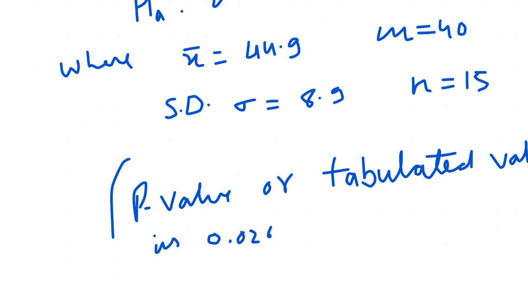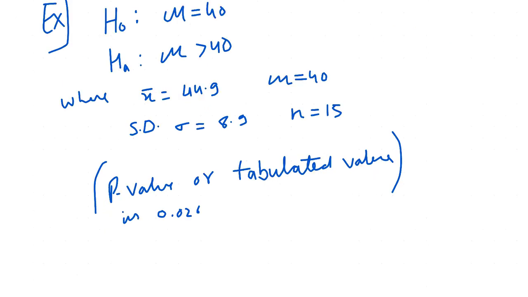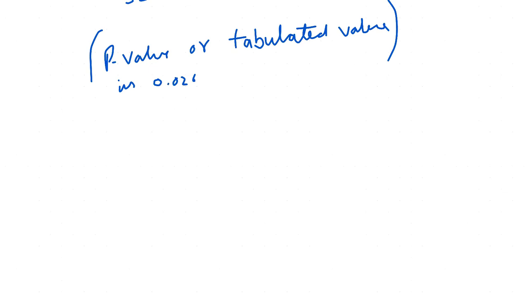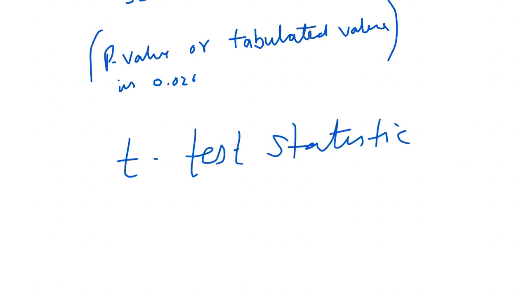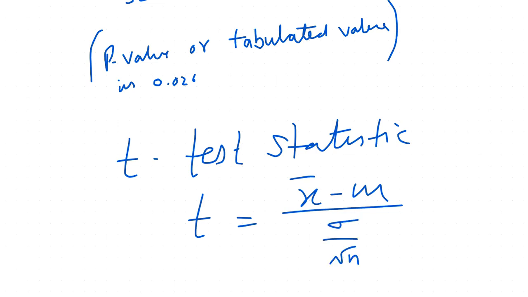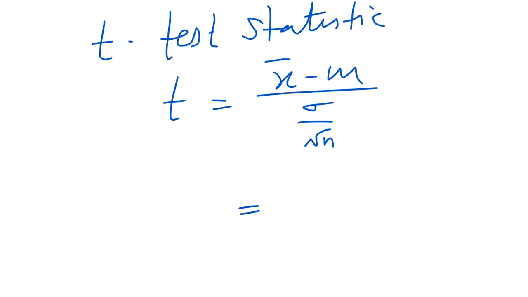Now let us use the t test statistic. T is equal to x bar minus mu over sigma over square root of n. x bar is 44.9 minus mu is 40, sigma is 8.9 and square root of 15.